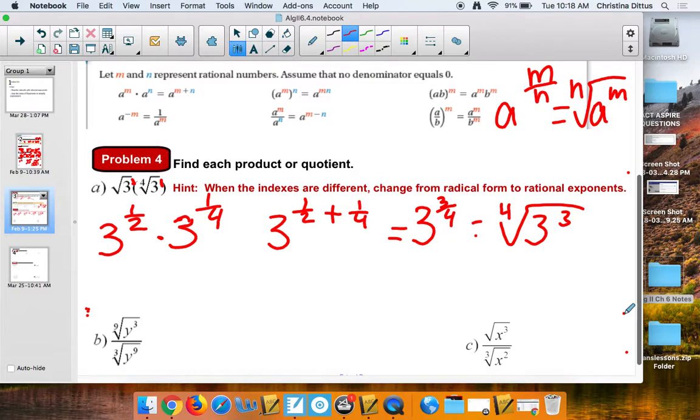The 3 to the 3rd stays inside. Now, Cade, what do I get on the inside when I simplify? 27. 3 cubed is 27, and what is the 4th root of 27? Is it nice? I don't think so. No? Can I pull anything out? Can't break 27 now? No. We are done.